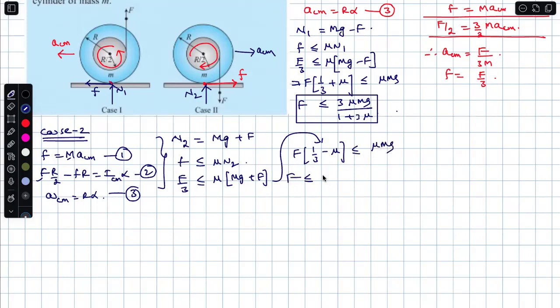So F less than or equal to 3 mu mg by 1 minus 3 mu.